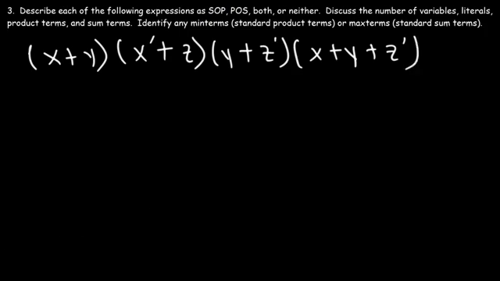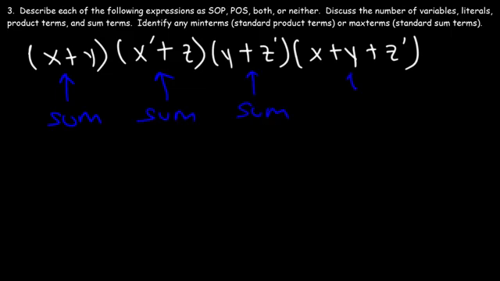So is this a sum of products expression or a product of sums expression? So x plus y, this is a sum term. X prime plus z is also a sum term.